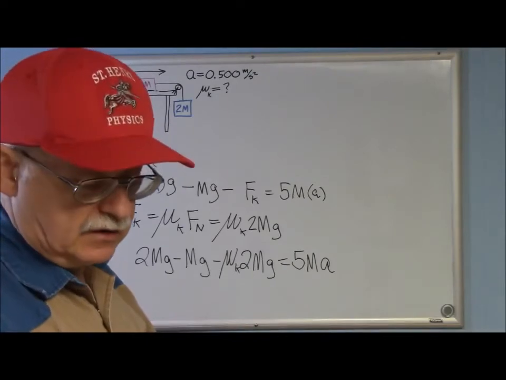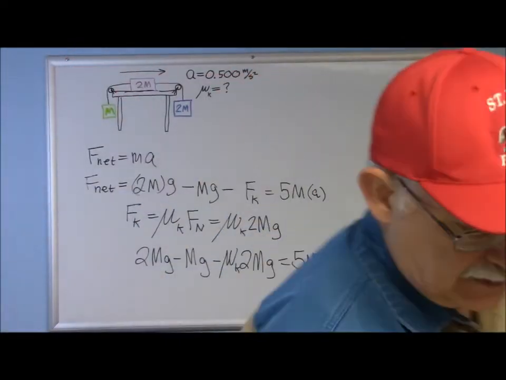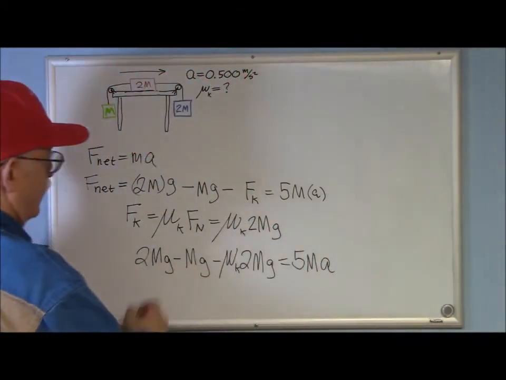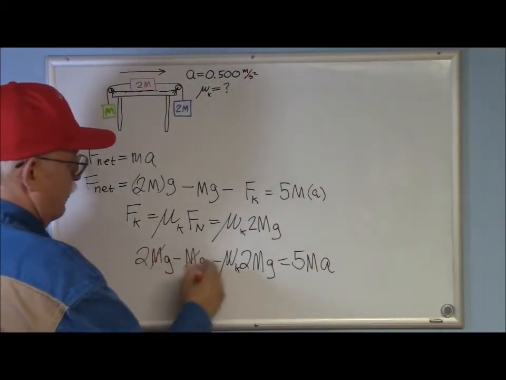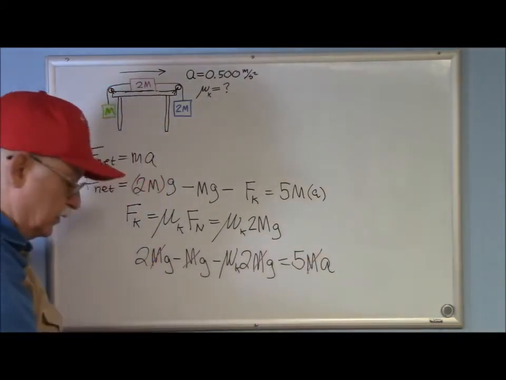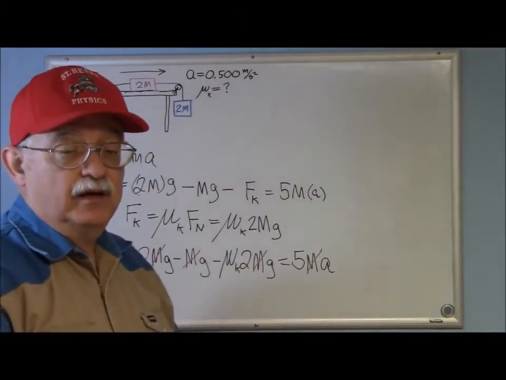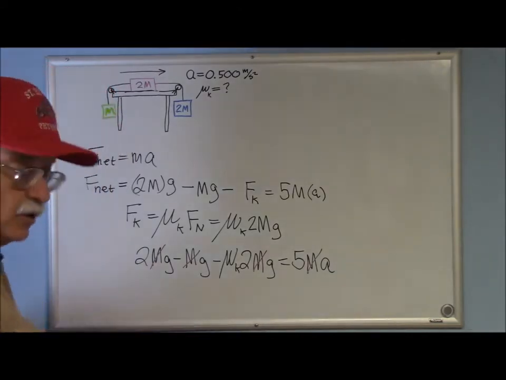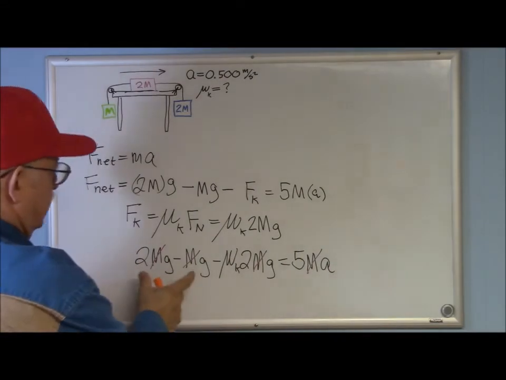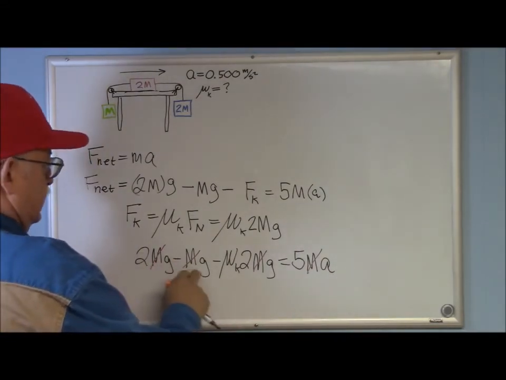Now if you look at this, you can see that some things might cancel out, namely mass. That mass, that mass, that mass, and that mass. We can divide through by capital M and still have a valid equation. And we can collect this 2g minus g.